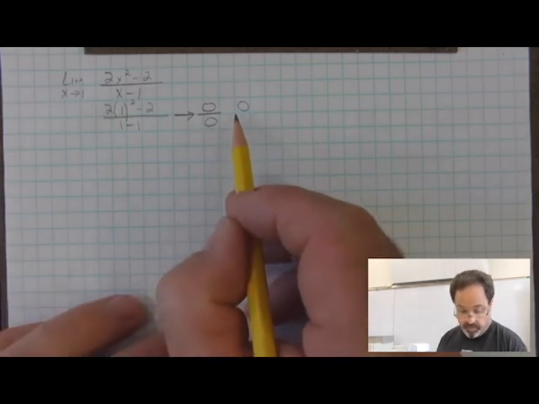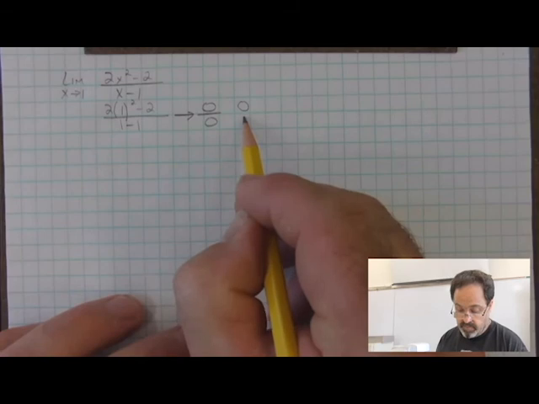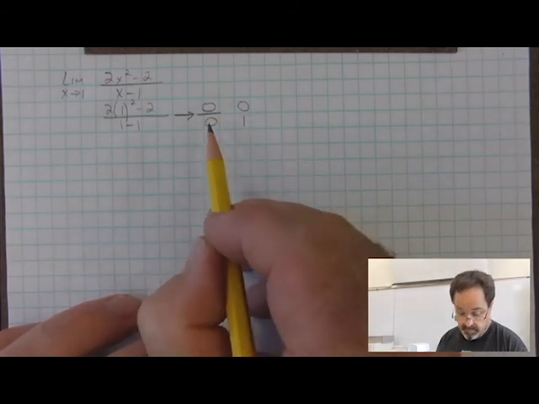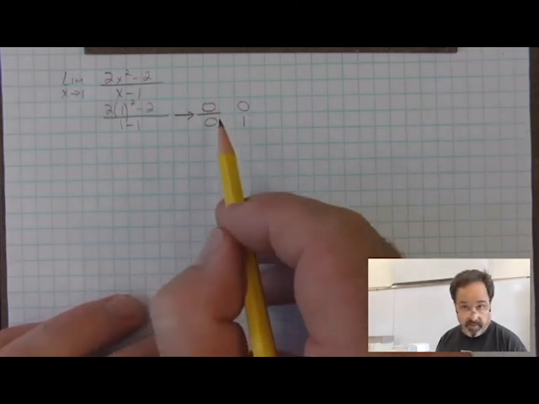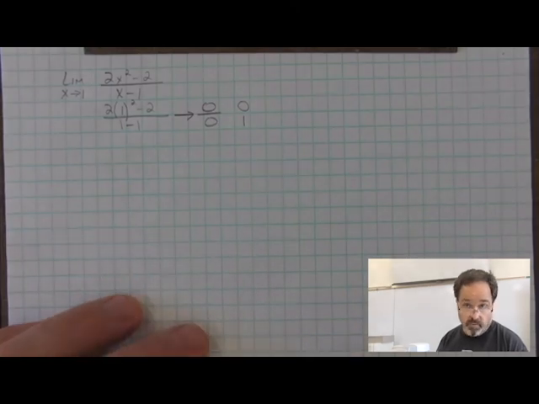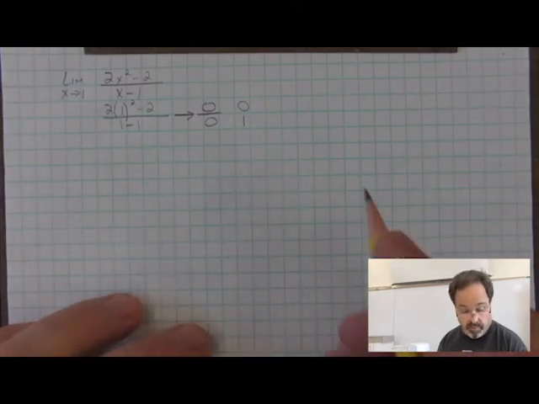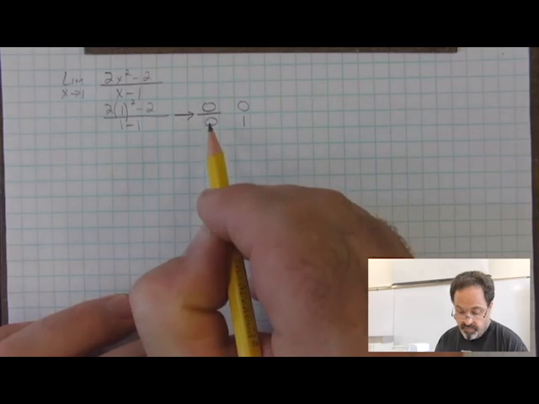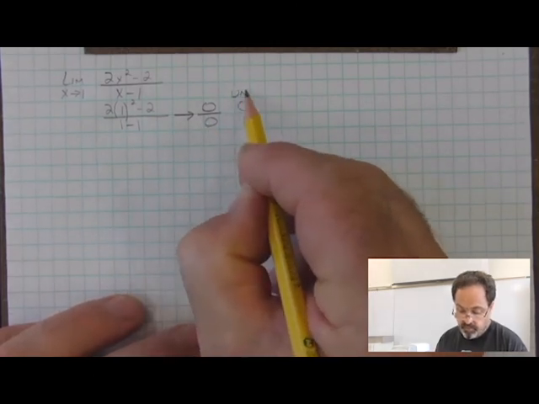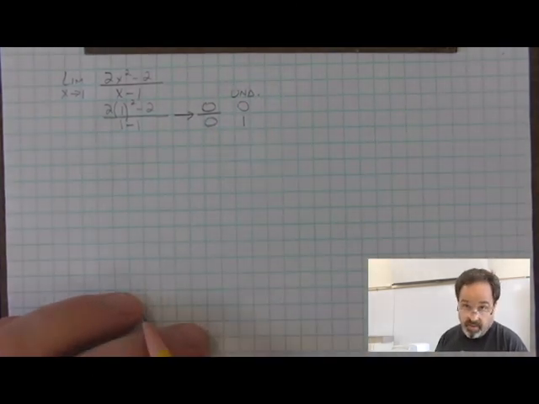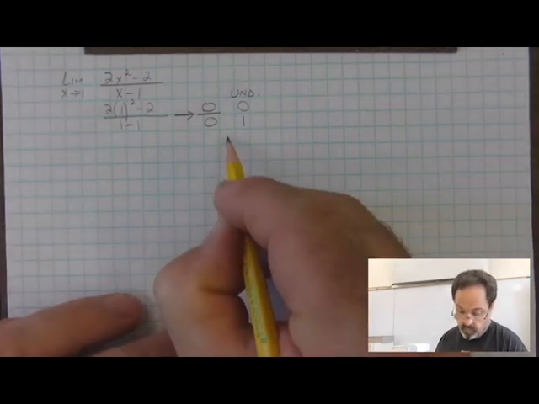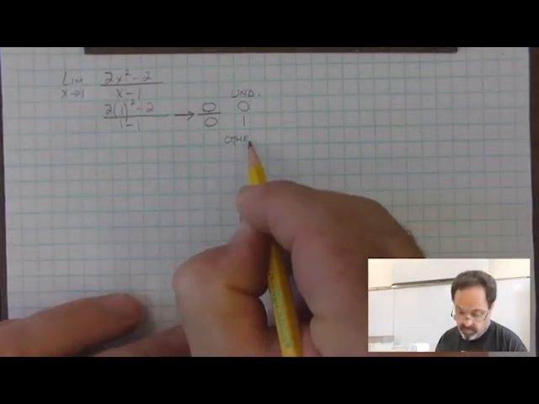But similar reasoning could suggest maybe the limit is 1 because something divided by itself is always 1. Maybe because we're dividing by 0, the limit is going to be undefined because we can't divide by 0. Or, for other reasoning, maybe it's something else.